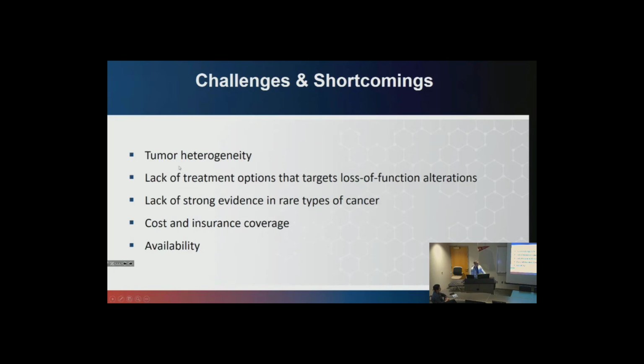Cost and insurance coverage. This is pretty much, I think, applicable to any new or expensive technology. Hopefully with time the cost will come down, but it can become prohibitive to some patients right now, but we are hopeful that as there is more data and more advances in the data analysis pipelines, it should come down in cost.